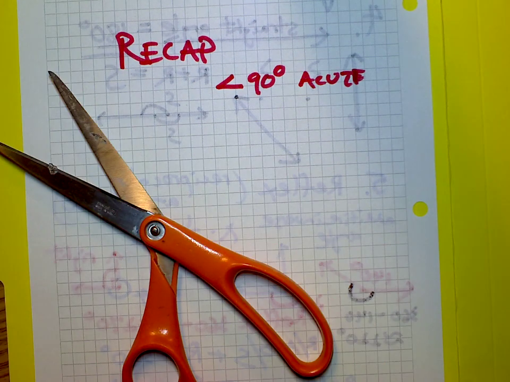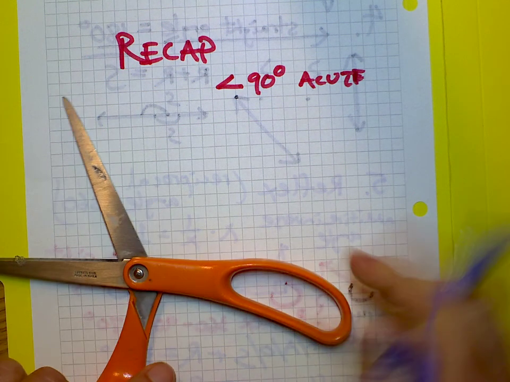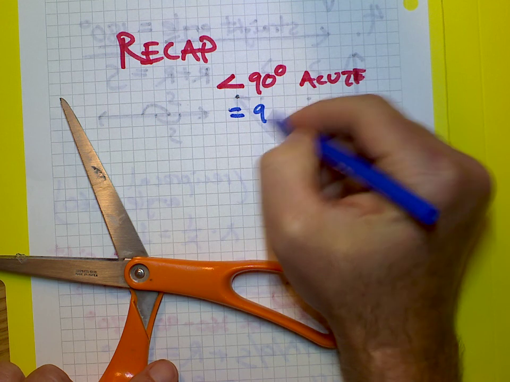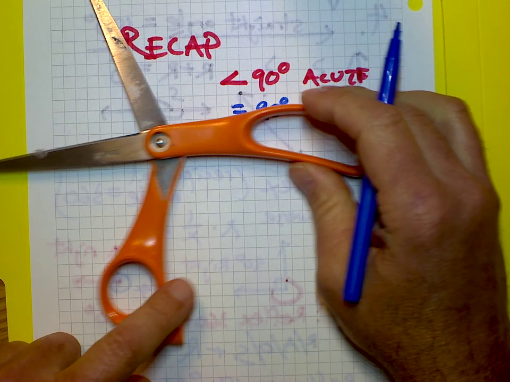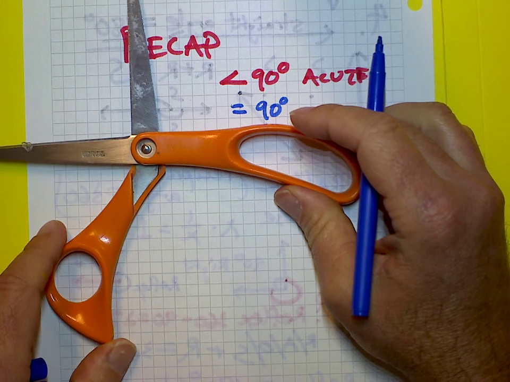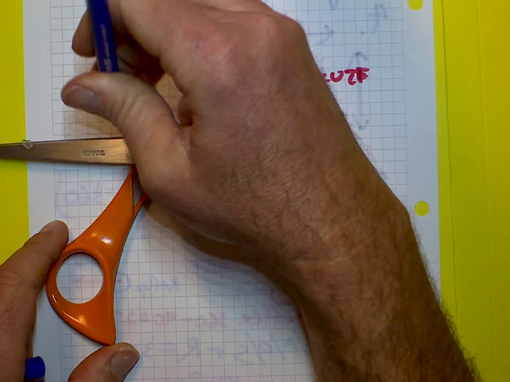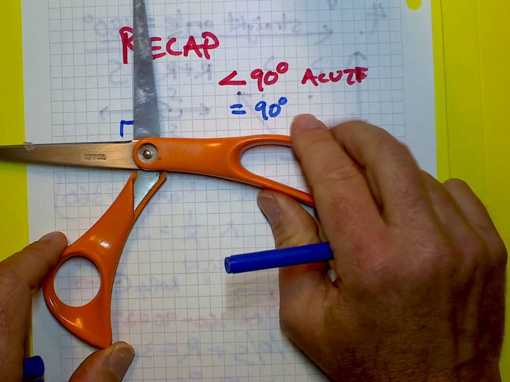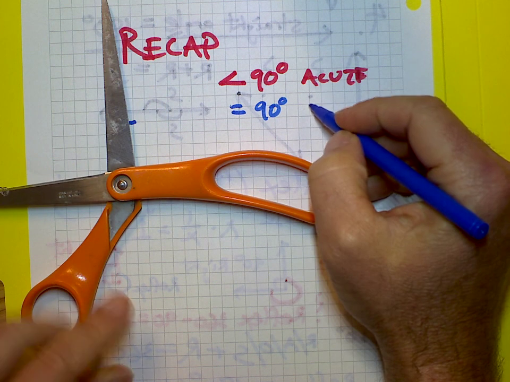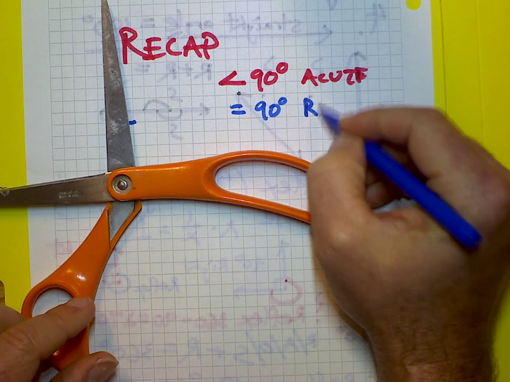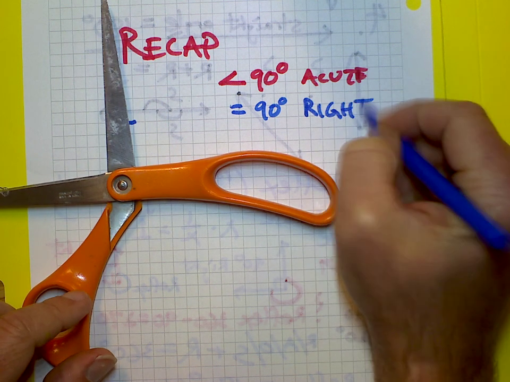Okay, changing colors. If I go exactly 90 degrees, and I have a little box in there, like that, what's that called? Right.